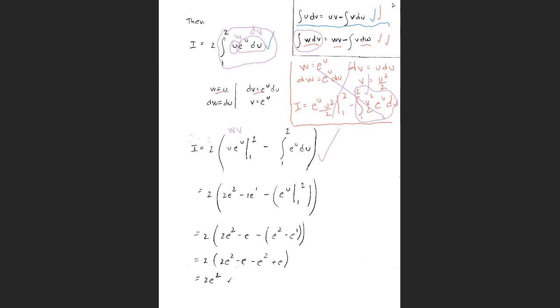The integration by parts is wv minus the integral of v dw, and that's this here, and this integral here, the integral of e to the u du, you can do. So that tells you you're going the right way. Are there any questions to this step here?